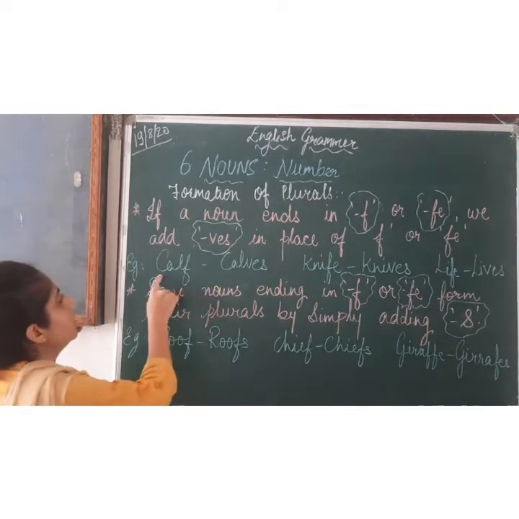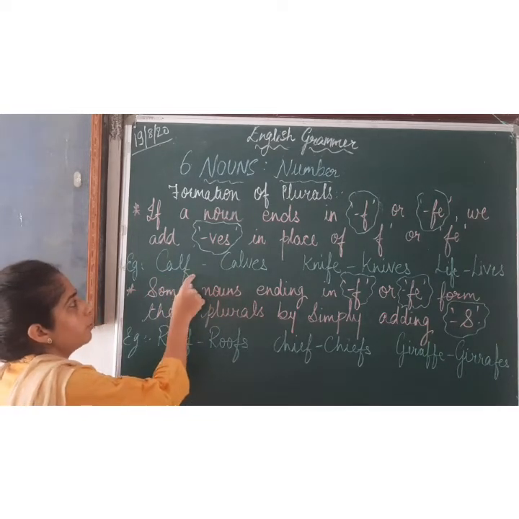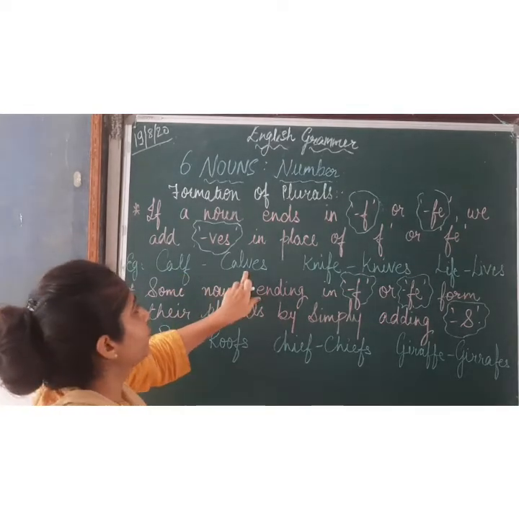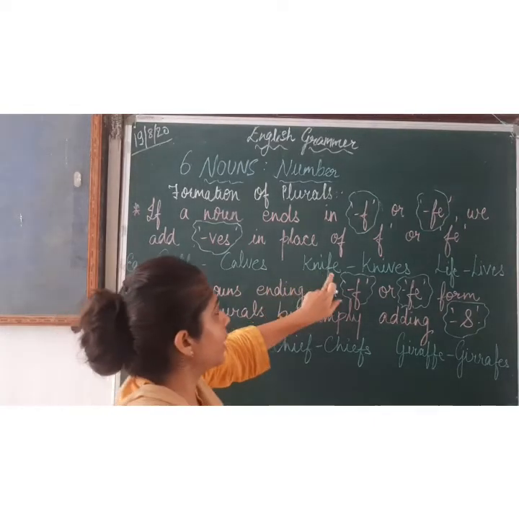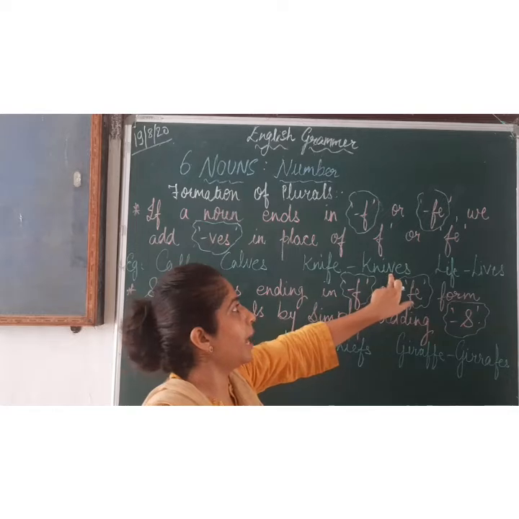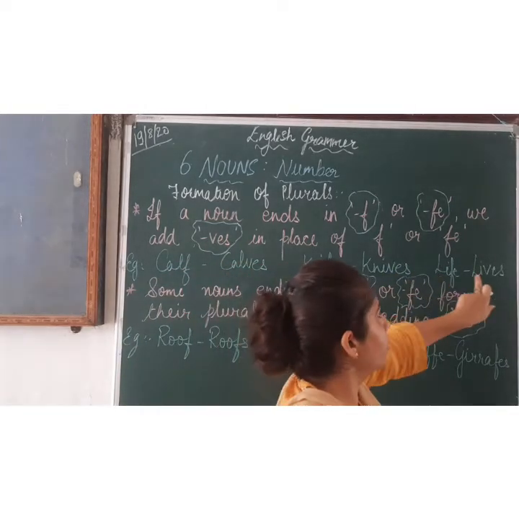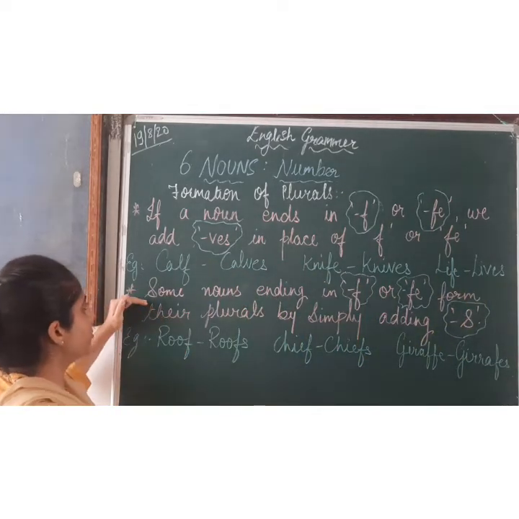See examples. Calf. Here it is f. So we will remove this f and we will add ves to make it plural. In knife, we will remove this fe and we will add ves to make it plural. Life, lives. Okay.